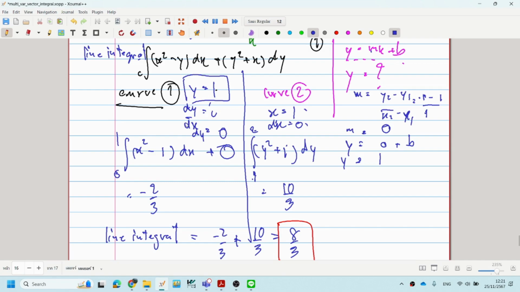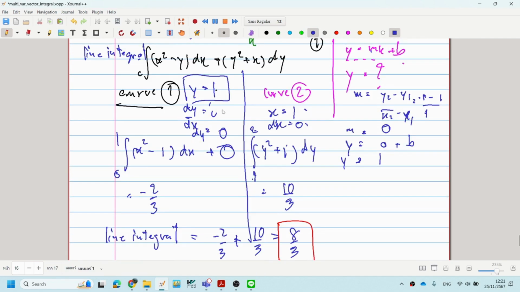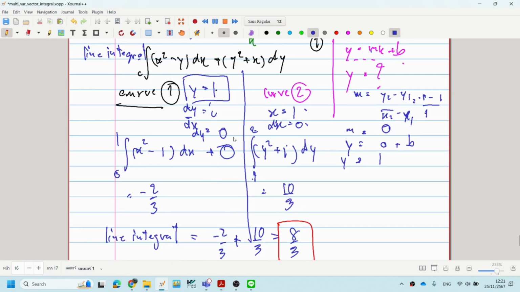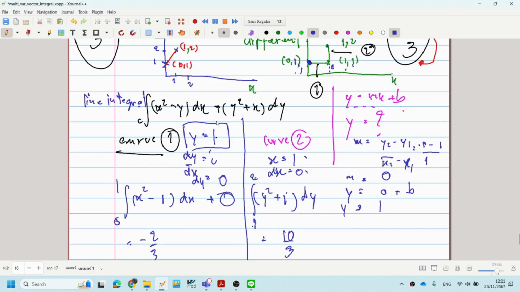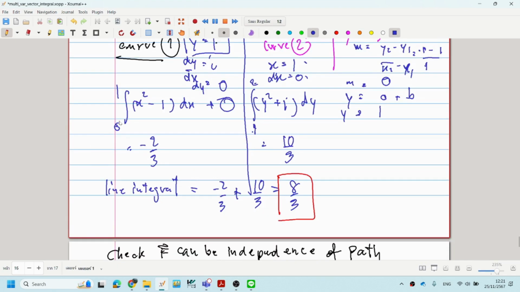For curve number 1, the function is y equal to 1, and differentiating y you get dy equal 0, so the second term is gone. Integrating along the curve, the line integral for curve number 1 gives negative 2/3.